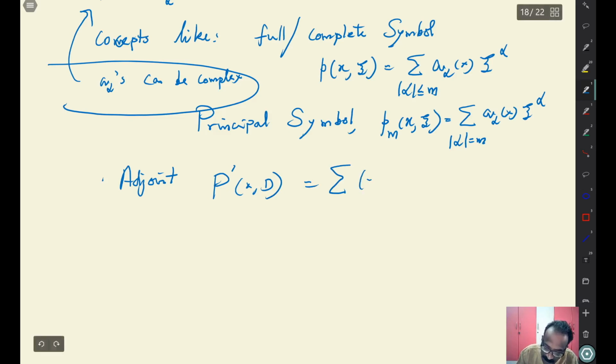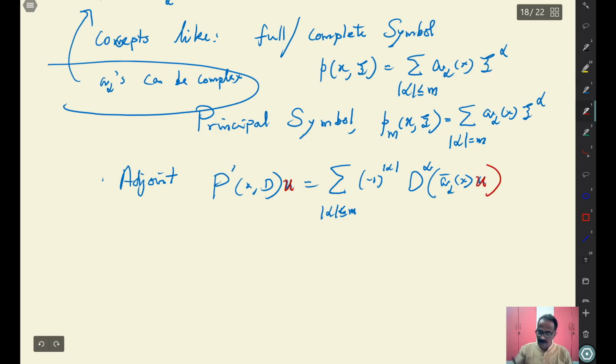If you do that, you get the sum of (-1)^(mod alpha), mod alpha less than or equal to m, D^alpha of a_alpha bar(x) times, if you apply it to u, u inside.